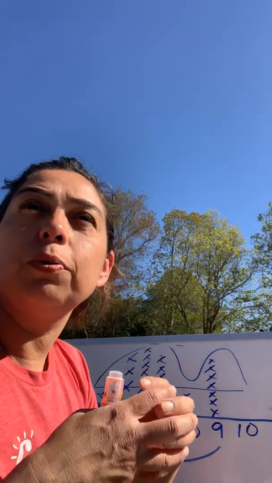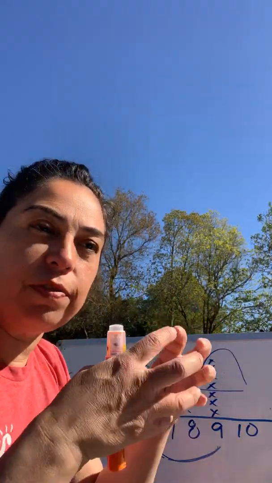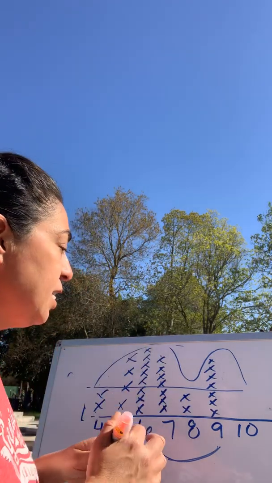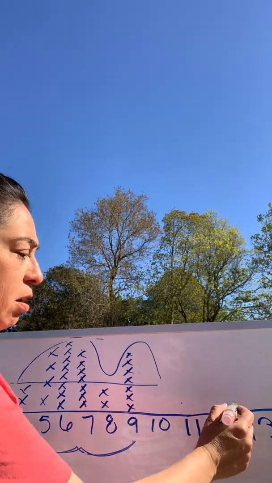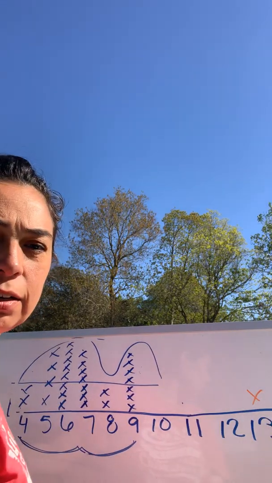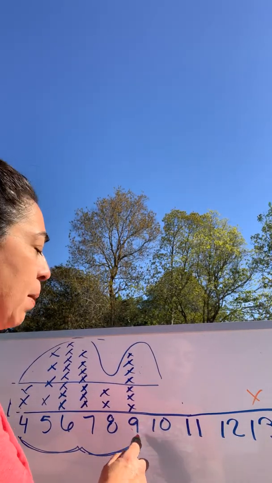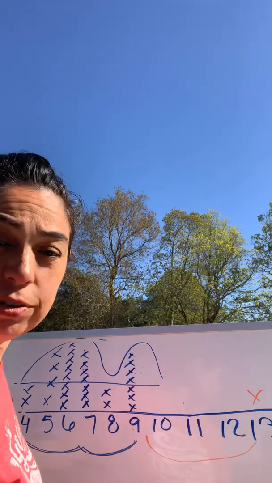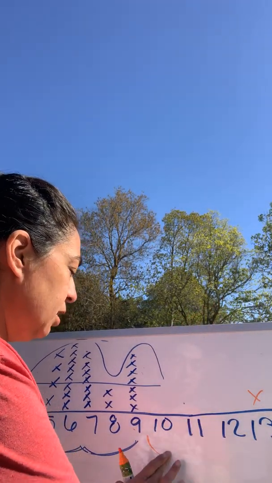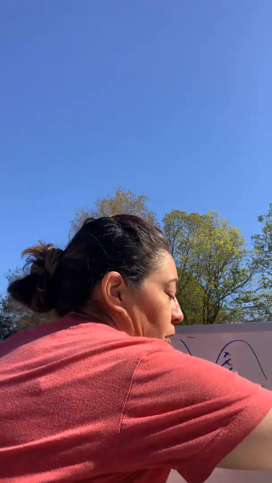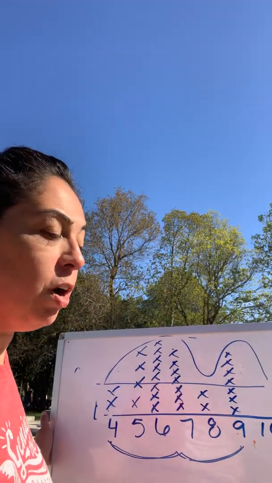Clustered means a group of them. A gap, if I had one way over here on 13, I could say that there was a gap between 9 and 13, but there's not. That's just what a gap is. It means a hole.